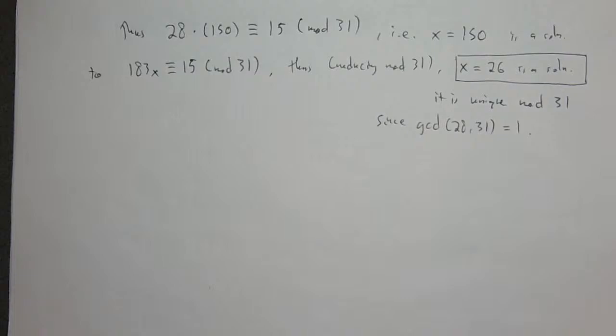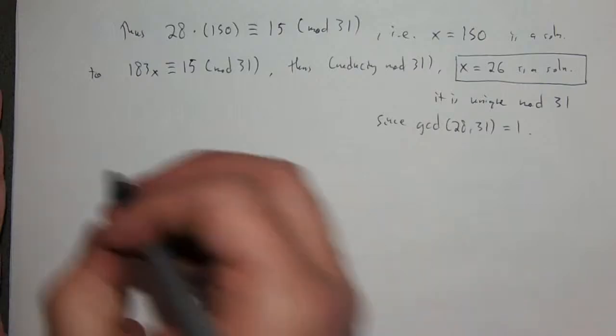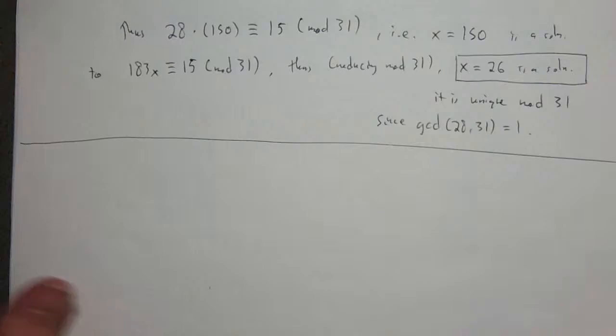I could give you a congruence mod 1371, and if I've arranged it in such a way that the GCD of what I'm multiplying x by and 1371 is 1, then there's a unique solution for that congruence, but you're not going to check 1371 values of that thing, right? You're just not going to do that. So anyway, this is showing you how you would go about this process in general.